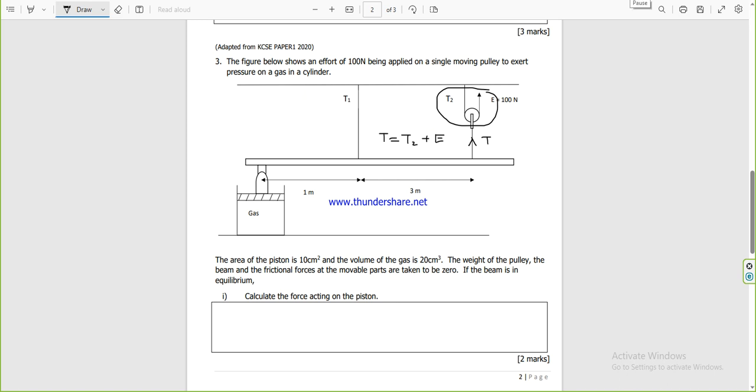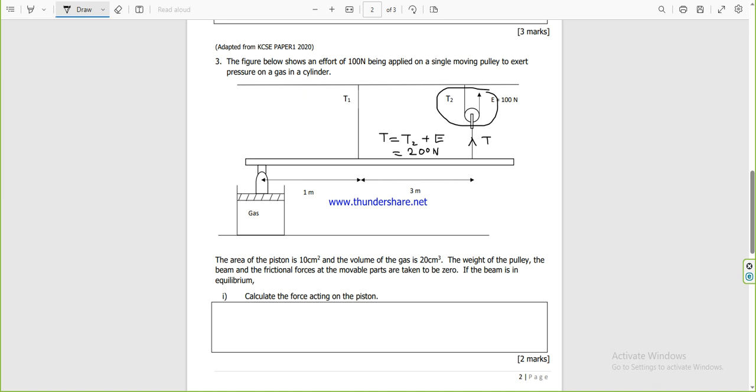The tension, which is acting upwards, will be equal to the sum of T2 and the effort of 100 newtons. The tension T2 is equal to the effort since it is part of the same string on the pulley. Therefore, T will be equal to 100 newtons plus 100 newtons. This gives us T equals 200 newtons.